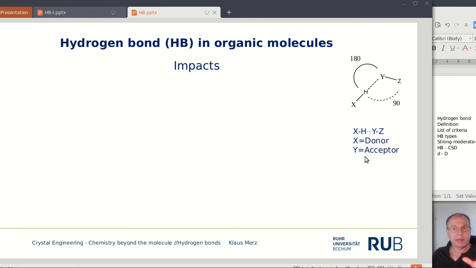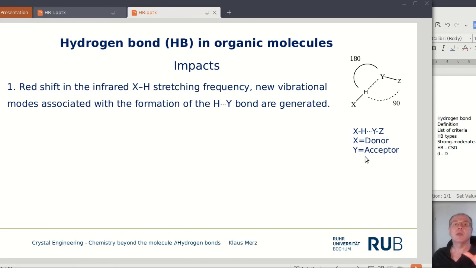What are the impacts of these criteria? Looking, for example, with spectroscopic methods, we should see an effect in the infrared spectrum. This effect is a redshift of the XH stretching frequency, and a new vibrational mode associated with the hydrogen bond.